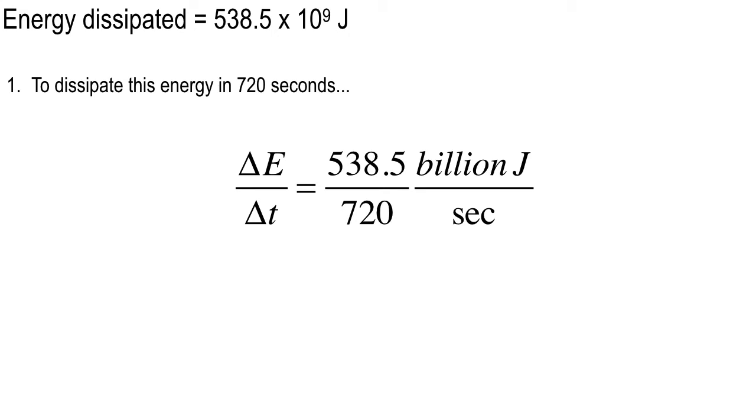All right, and we still have to retain half a billion joules for landing the beast, maneuvering and getting everything lined up and stuff. So if you do that calculation there, verify me on this: 0.748 billion joules per second.